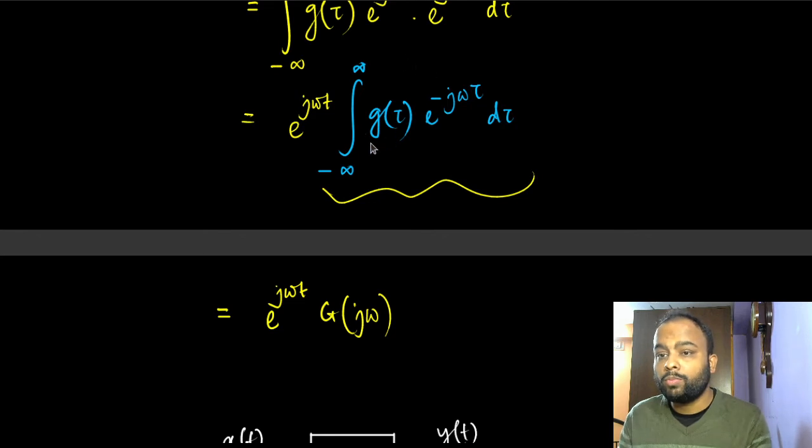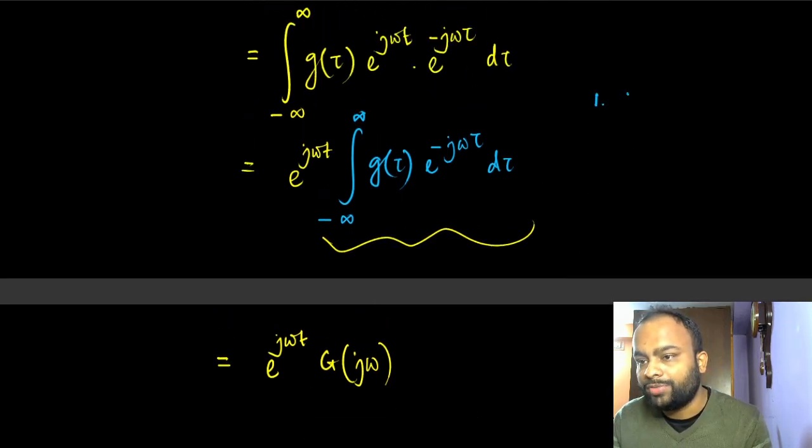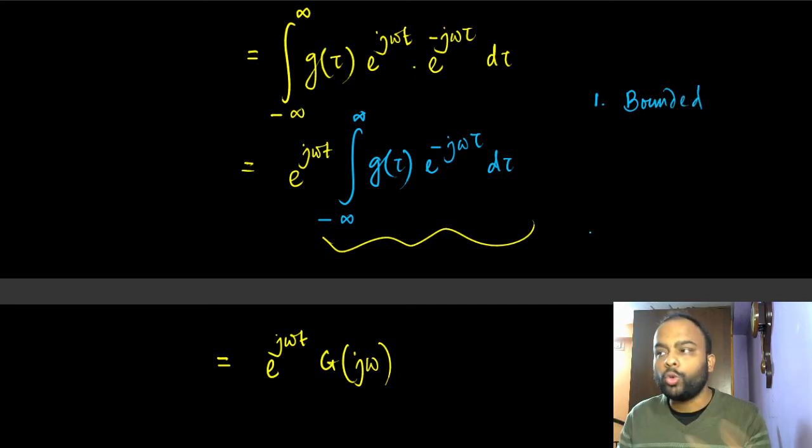There are three conditions. The condition is that this signal should be bounded first of all, which means this signal cannot go to infinity at any point. Throughout the signal span, g(t) cannot become unbounded. That's the first thing.